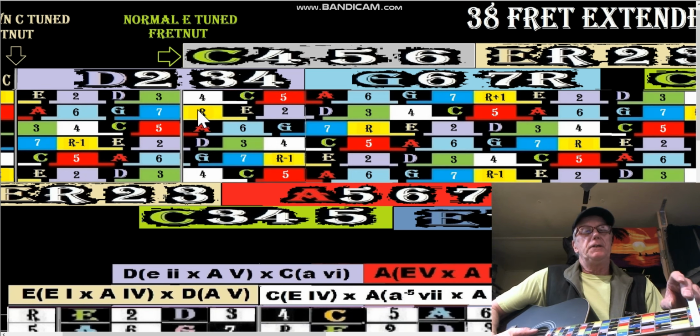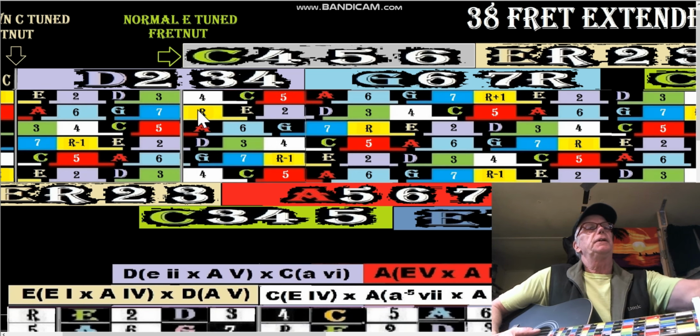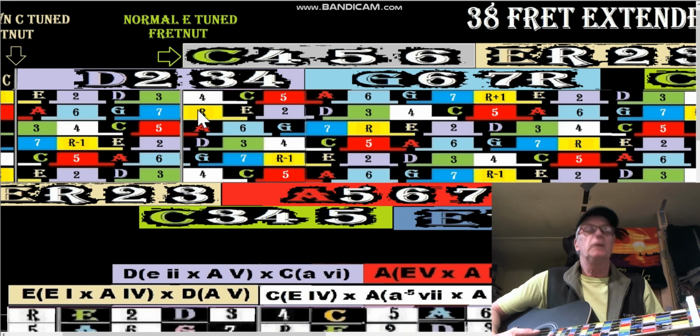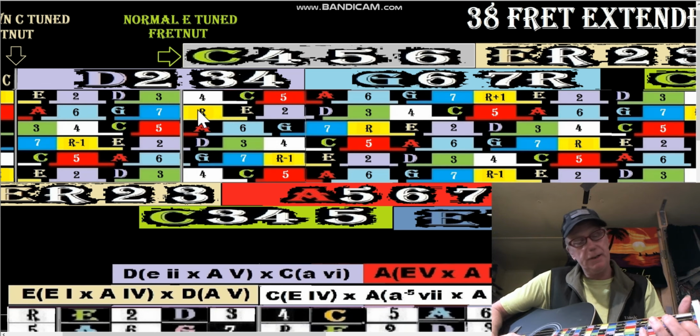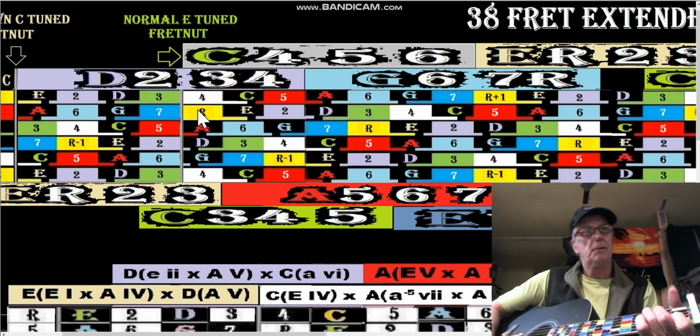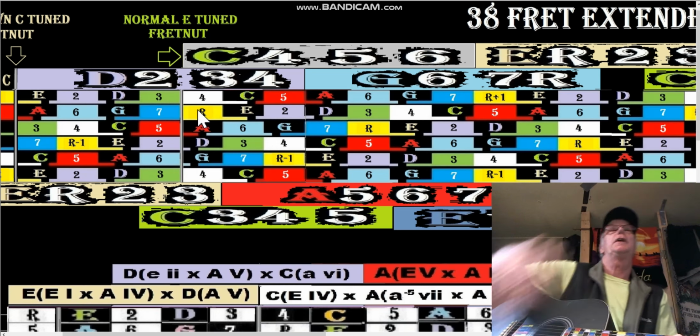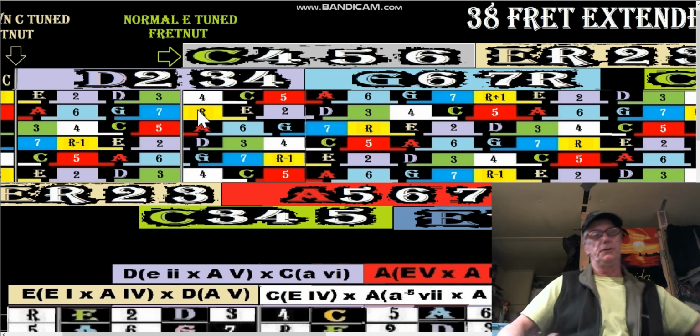So that makes E the 3rd in the key of C. It's do, re, mi, root, 2, 3, 4, 5, 6, 7, root, right? Everybody knows that. So there is the middle C, and that's where your guitar is tuned.